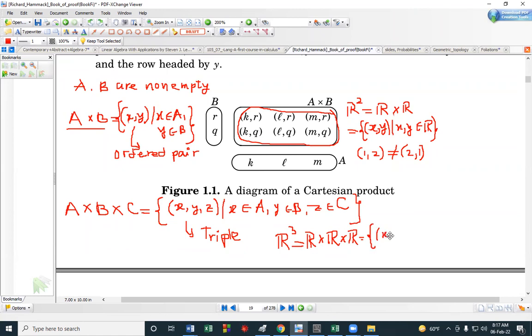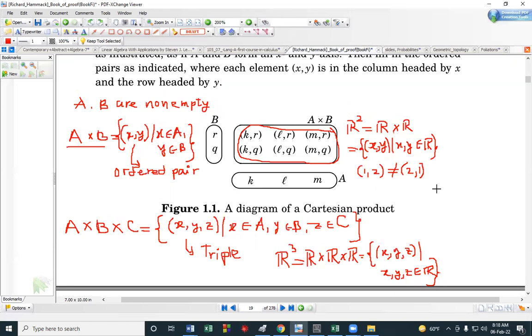Each component of the ordered triple is a real number, such that X, Y, Z all are real. Meaning we are multiplying 3 copies of R.